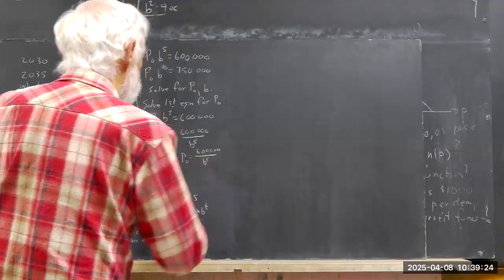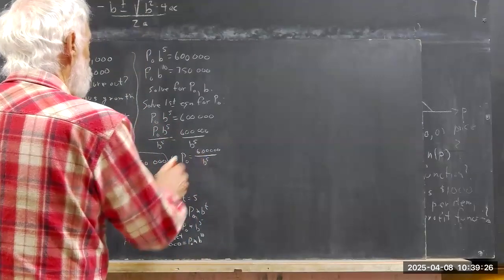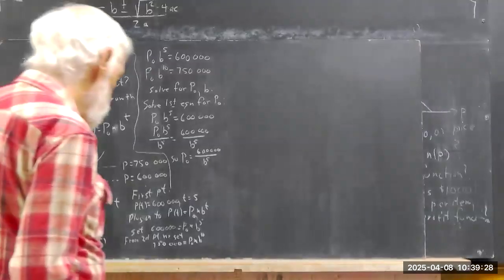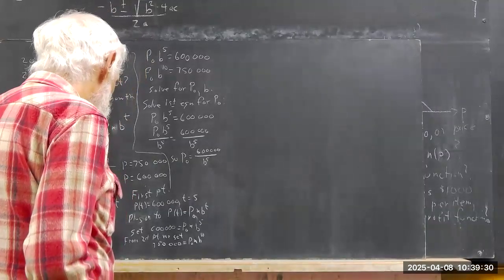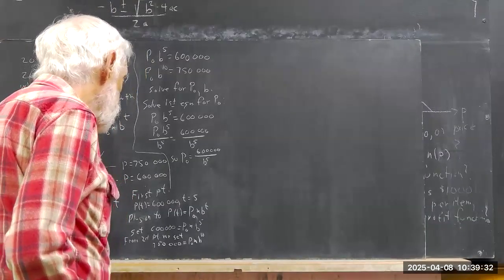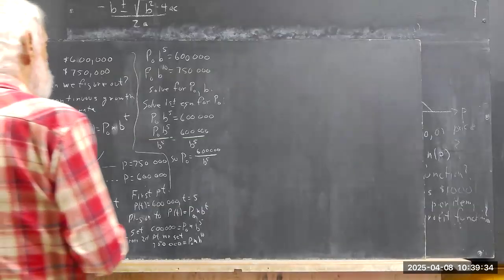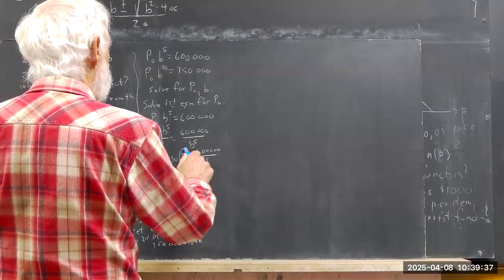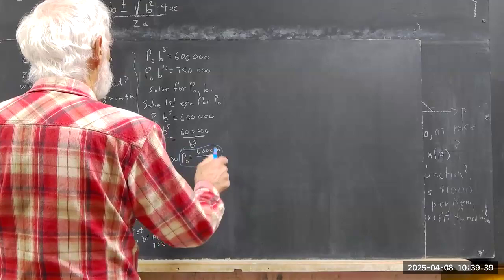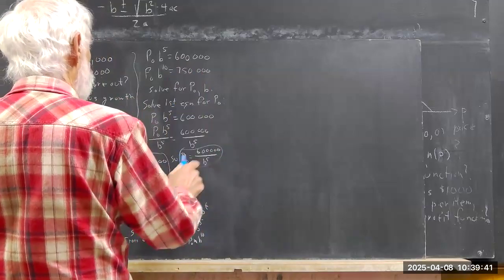Now that still doesn't give us the number for P naught, but it gives us an expression that we can take back to our second equation.